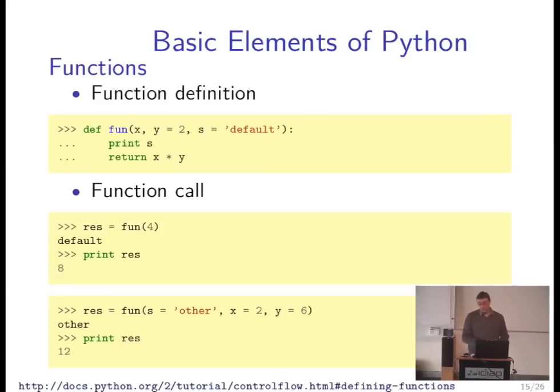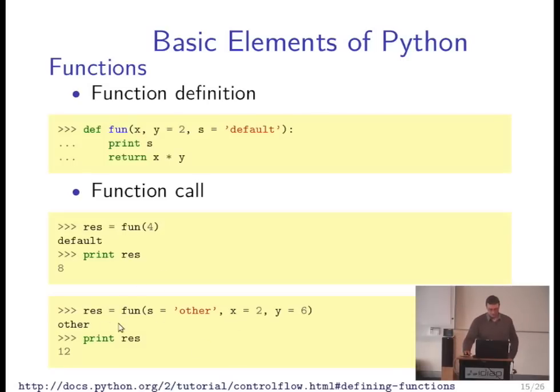One interesting thing about parameters in Python functions is that they are named parameters. So it is not important in which order you give the parameters to the function, but as long as you specify all the parameters that have no default value, you can do that in any order.